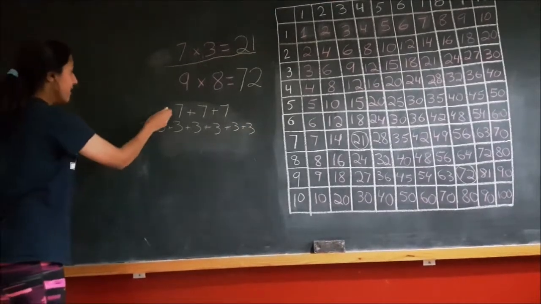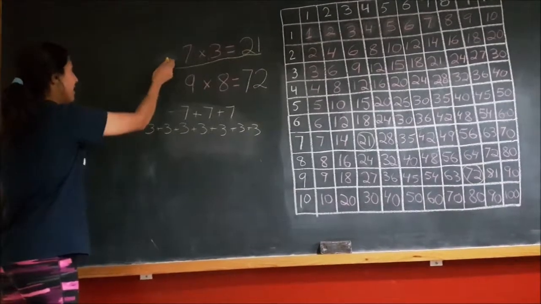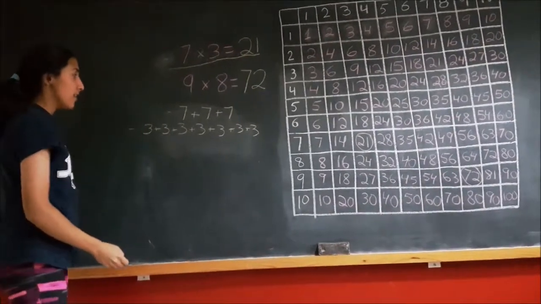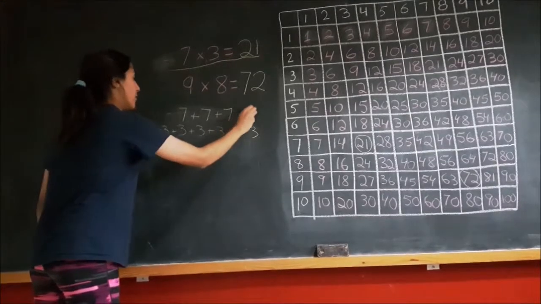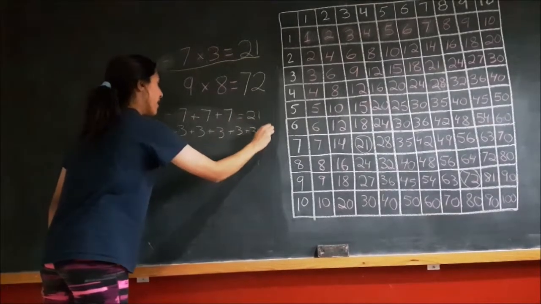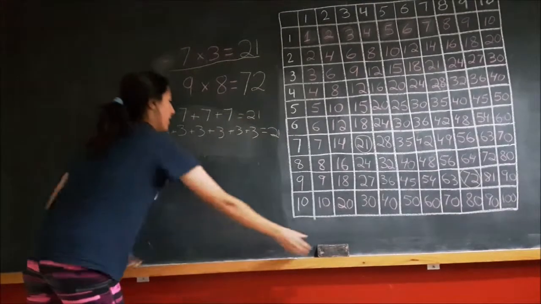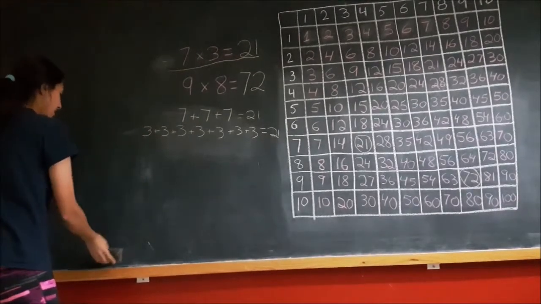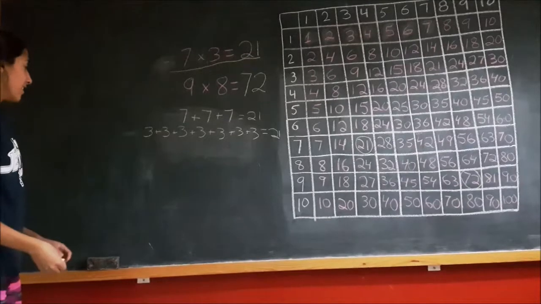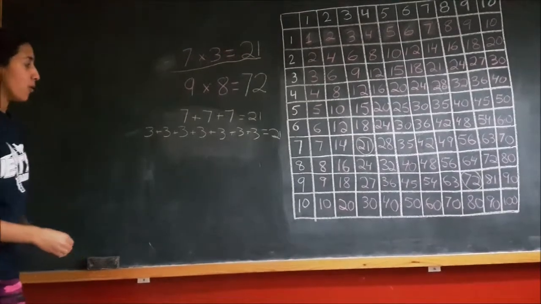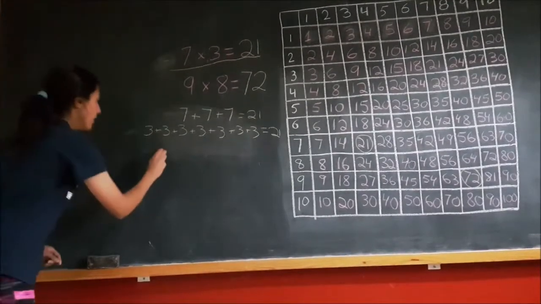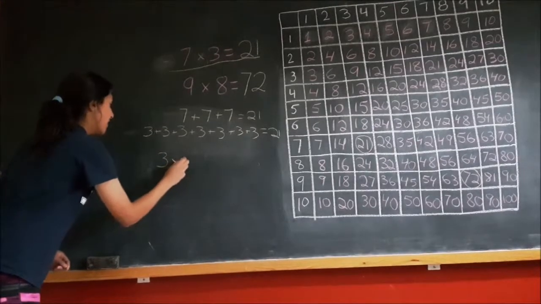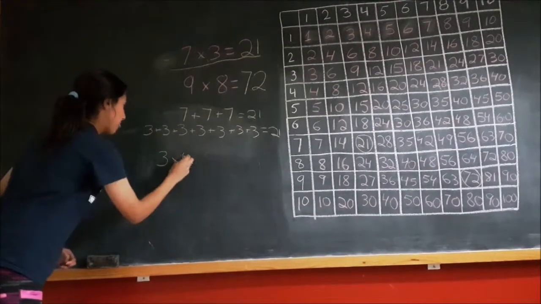Now, this and this and this all equal the same thing. They all equal 21 as their answer. So, that means whichever way we decide to solve it would be correct. For example, let's take one more, like 3 times 5.